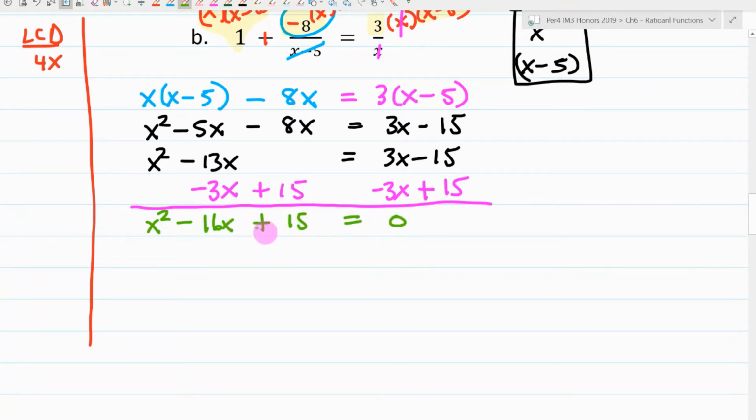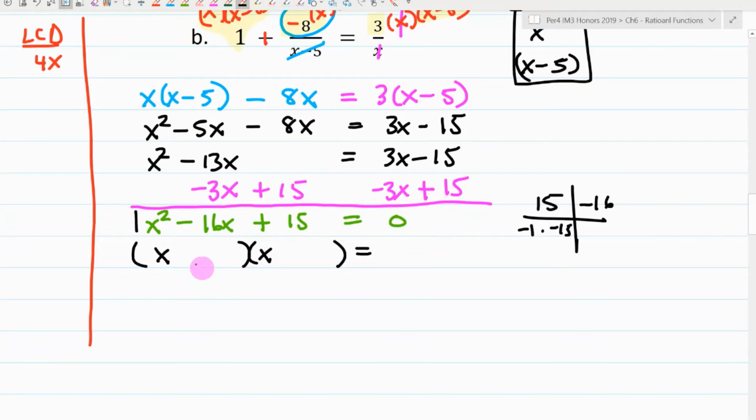This is going to actually be easy to factor because we can factor it in one step. That's a 1. So the numbers that multiply to 15 that add up to negative 16: negative 1 times negative 15. And again, you notice this equal sign stays in the same place the entire way through the problem.